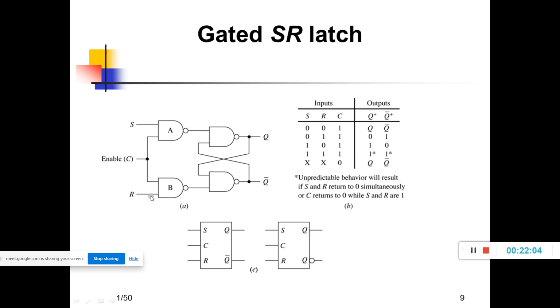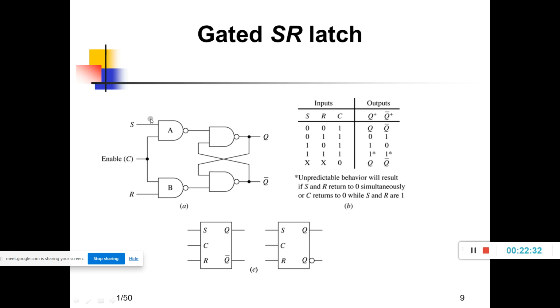When S is 1, R is 1, control signal is 1, both will return to 1 simultaneously. It is an unpredictable behavior. Irrespective of the SR inputs, if the control signal is 0, it will retain the current state of Q and Q bar. This is about the gated SR latch.